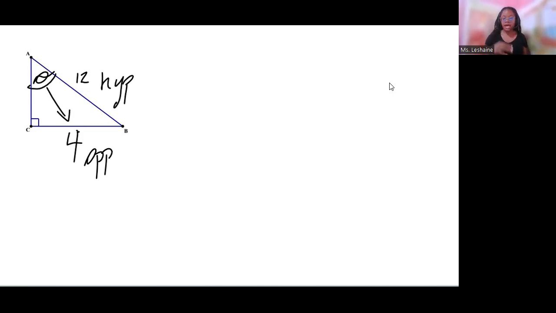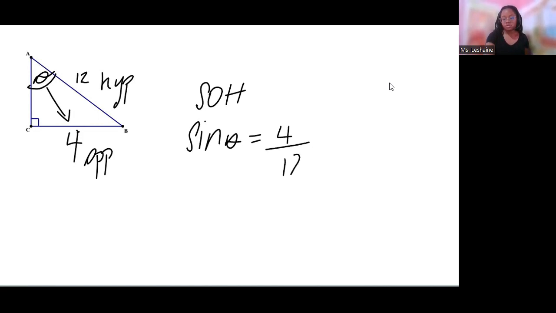So when I have an opposite and a hypotenuse, that means I have to use SOH. Sine of my missing angle is equal to the opposite over the hypotenuse. So of course, I will have to do sine inverse on both sides.